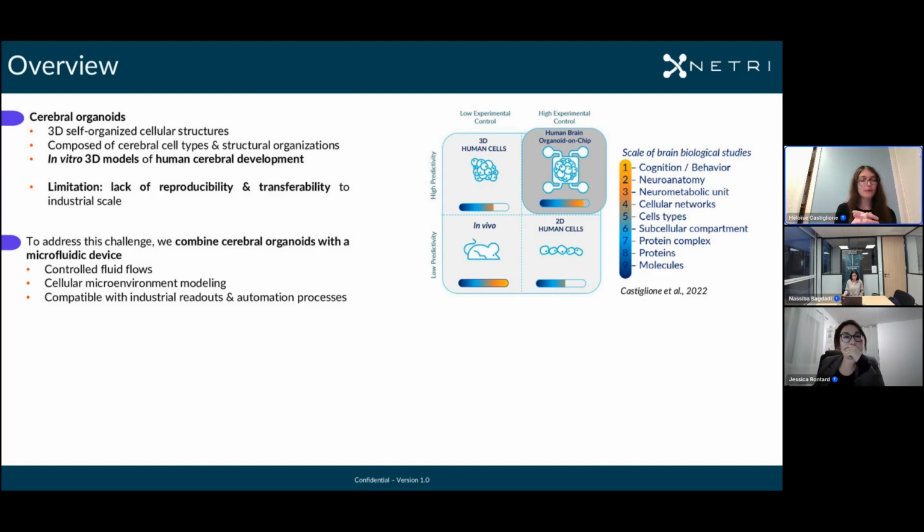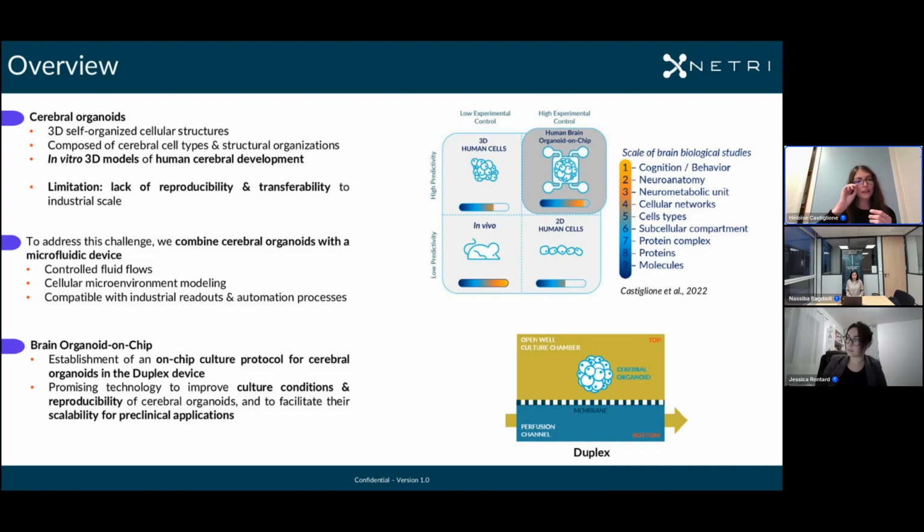Thanks to tightly controlled fluid flows, they enable to recapitulate in a more physiologically relevant manner the cellular microenvironment, which is considered to globally improve the culture conditions and the reproducibility between the cell cultures. And as Nasiba mentioned, Netri develops microfluidic devices that are standardized and compatible with industrial formats and readouts.